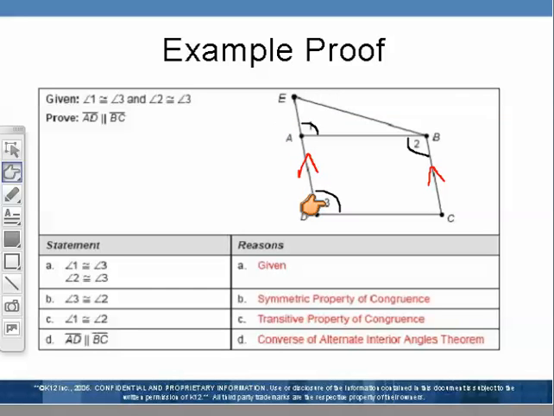Those are corresponding angles, right? Because I've got parallel lines right here and a transversal going this way. That means if these two are congruent to each other, that must mean that AB is parallel to DC by the converse of the corresponding angle postulate.